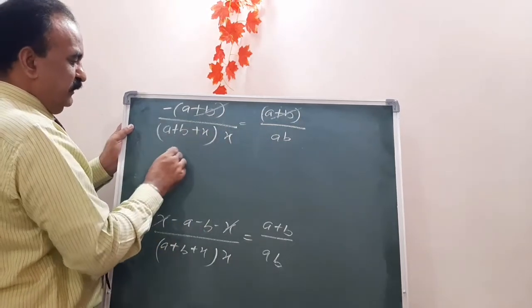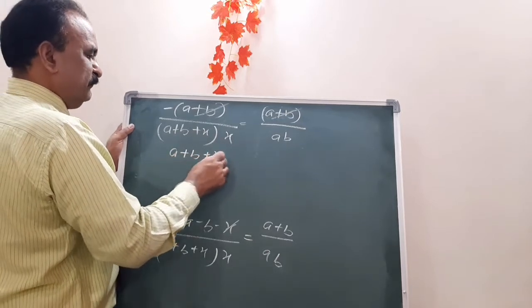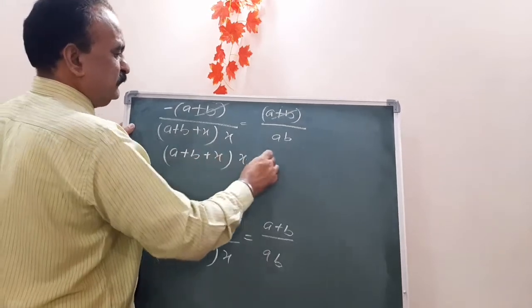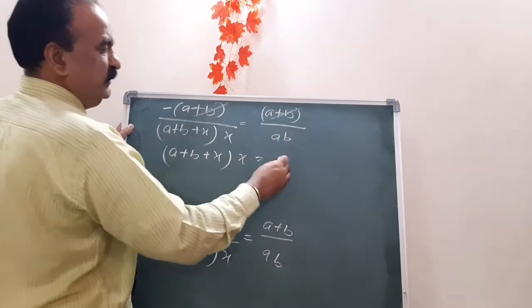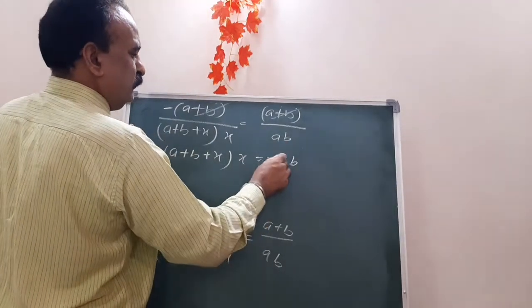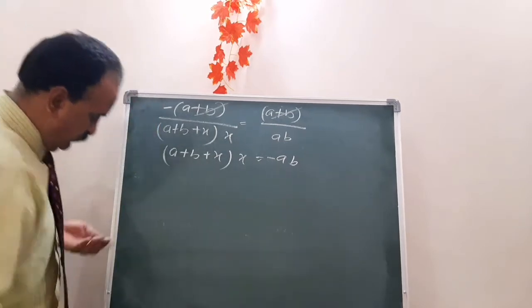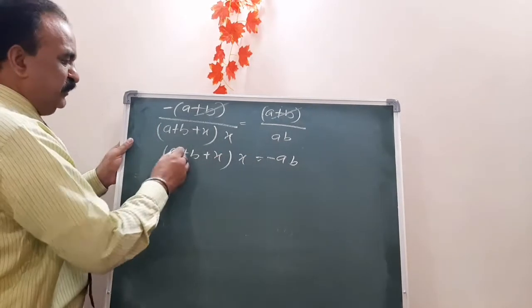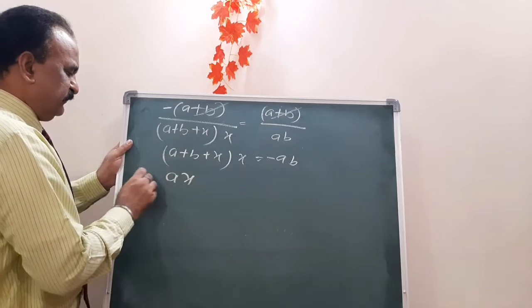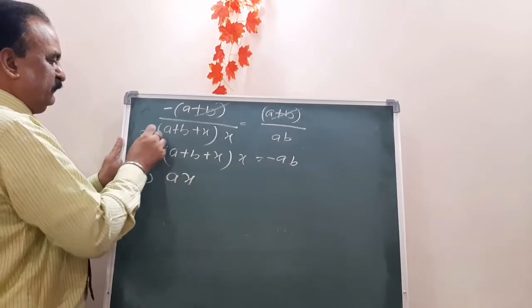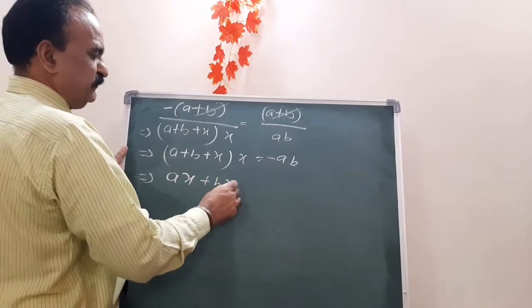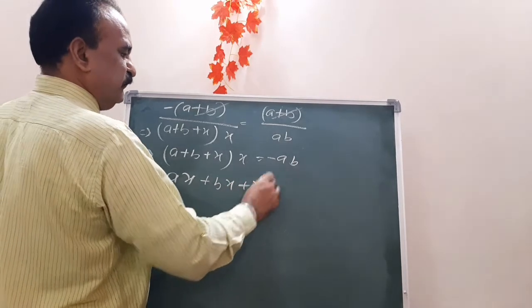So x into a plus b plus x into x is equal to minus into ab, means minus ab. So you can write here x into a, ax plus bx plus x square.